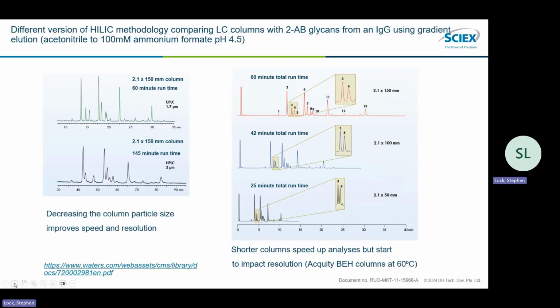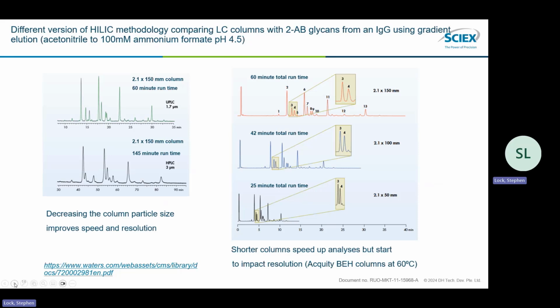So some of the ways that analytical chemists speed up this analysis is by changing the particle size. What I showed you previously was a 1.7 micron particle, so it's a high pressure separation, or UPLC. This really replaces the historical slightly wider pore 3 micron particle, which had runtimes over double, the 60-minute runtime shown.